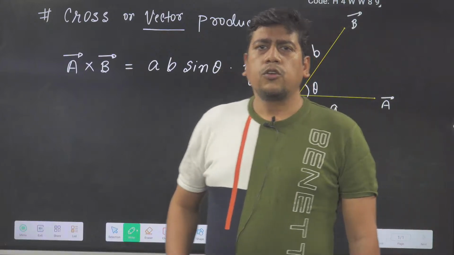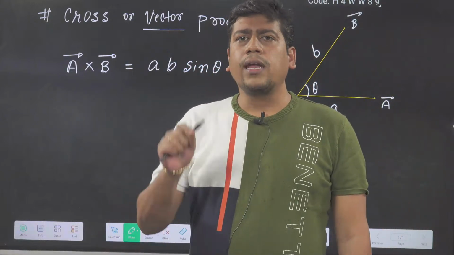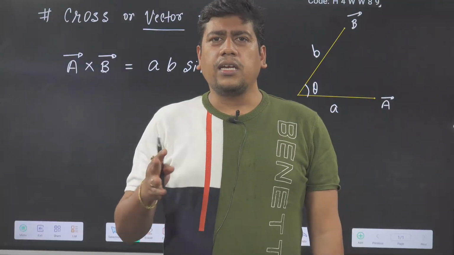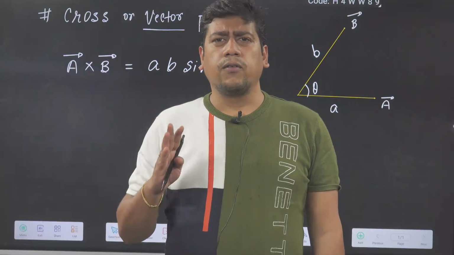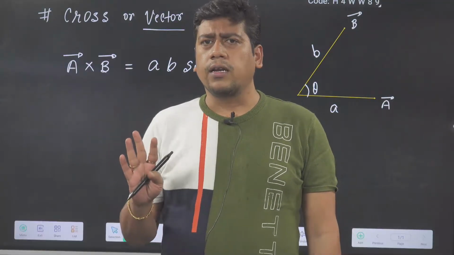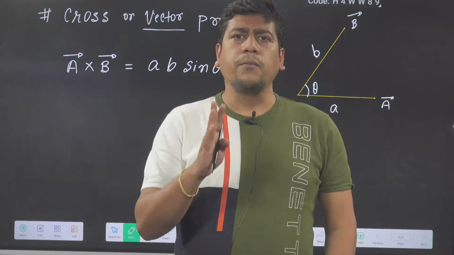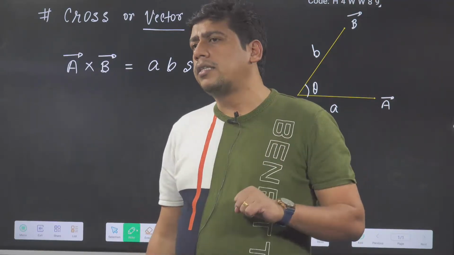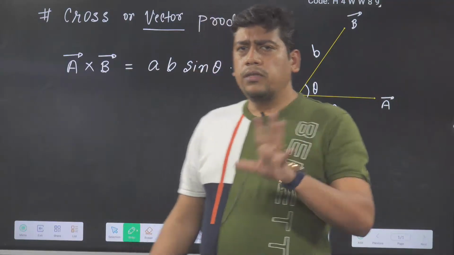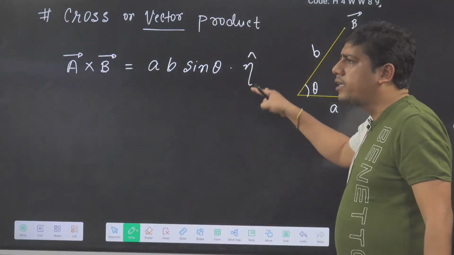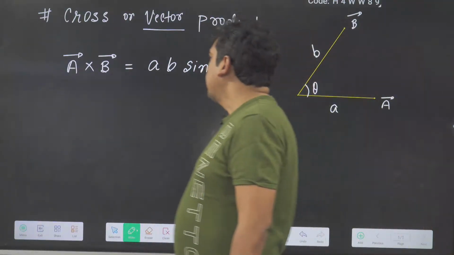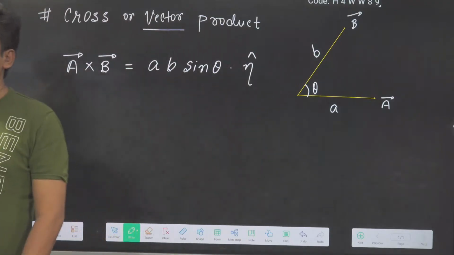If you want, you can write n also. Don't use x, y, z because it will send a wrong message that it is along x axis or y or z. Okay? So generally all of us write eta cap. Now it is looking like a vector quantity.